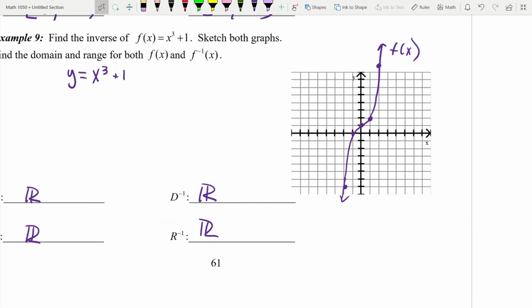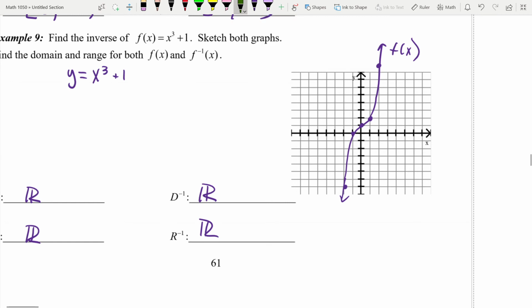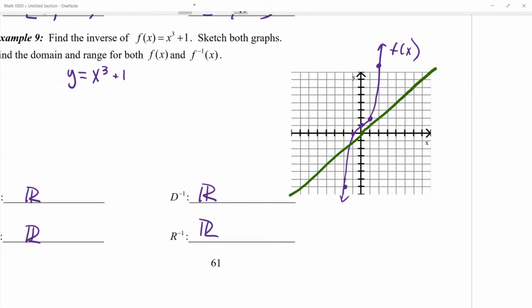I think the best place to go is the graph. Okay? So come over here to the graph. First thing I want you to do is to draw that line y equals x. Looks like that. Now I'm going to do my diagonal thing. If you don't like the diagonal thing, then do the ordered pairs. It just takes a long time if you do ordered pairs.